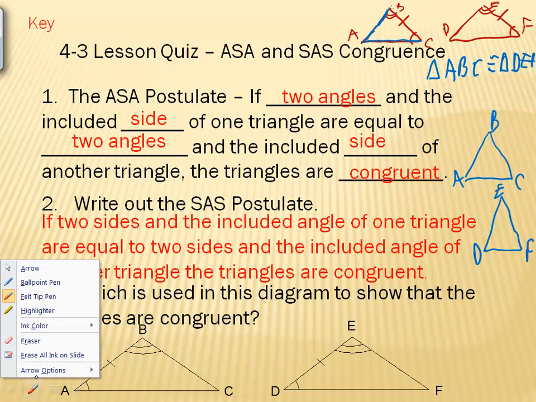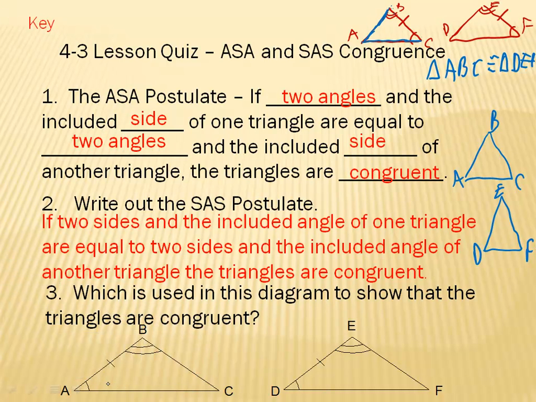All right, so what do we mean here? Two sides and the included angle. So let's say I know that this side and that side are equal. This side and this side are equal. And this angle equals that angle.